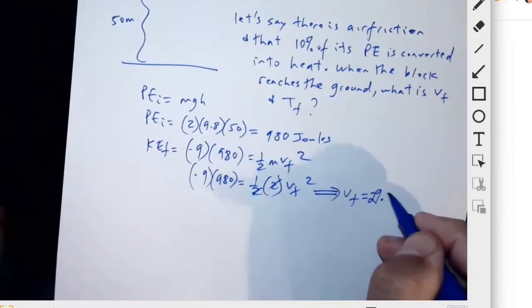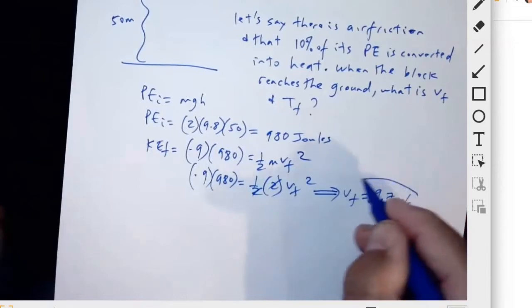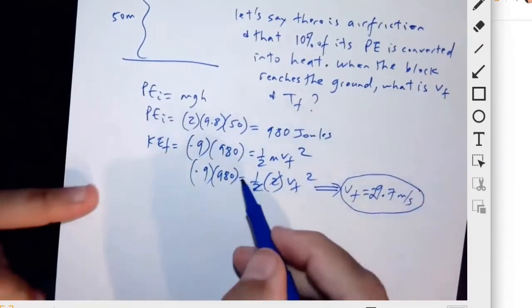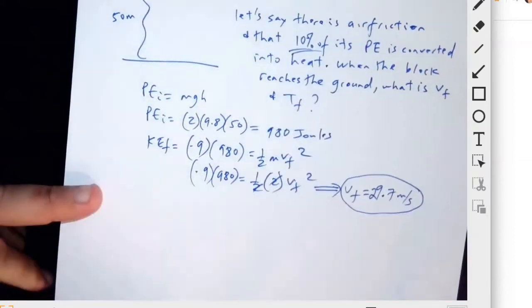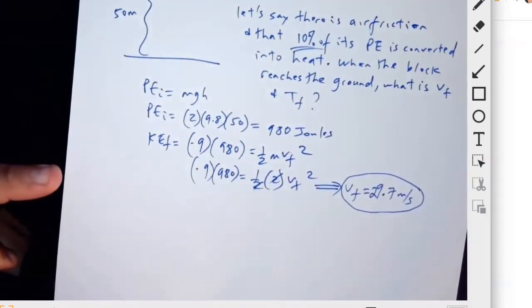How do we know that we're supposed to use 0.9? Well, I'm going off the fact that 10% of the energy is lost to heat, so we have 0.9 left. Good question. Any other questions?